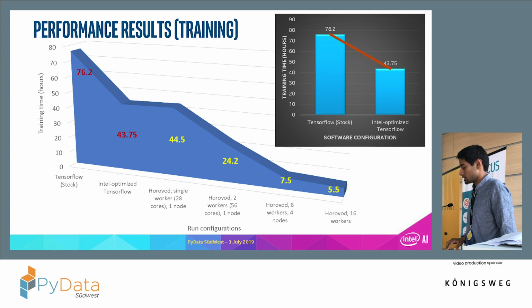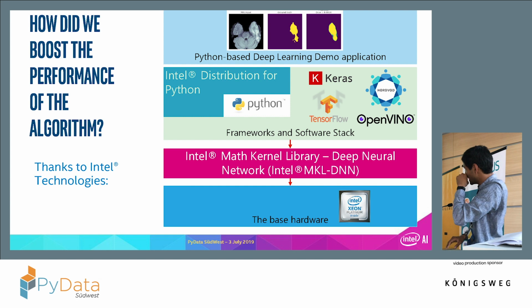Now, of course, plugging all of the software together, including the performance library, the whole software stack looked like this. So on top, I have my work, my research, and then the software used: TensorFlow, Keras, Horovod, OpenVINO. All of this made much faster with Intel Math Kernel Library, or MKL-DNN.